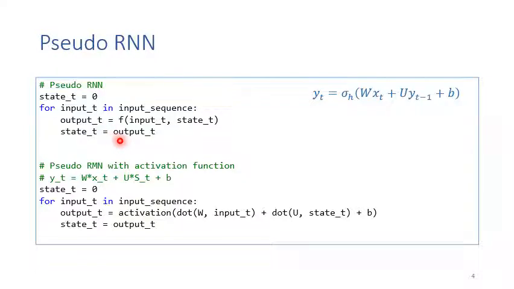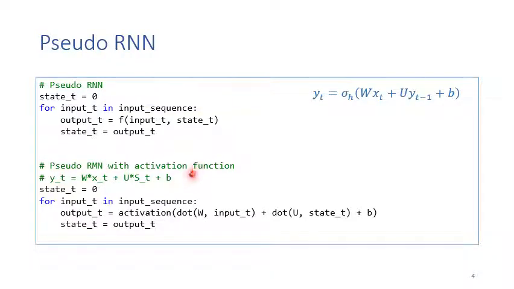The key point is to save the output t to state t to make a loop, right? To save the current output to the state and pass to next step. So this is the first version of Pseudo RNN.